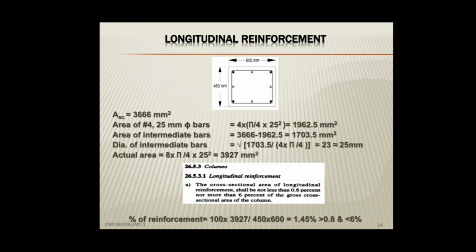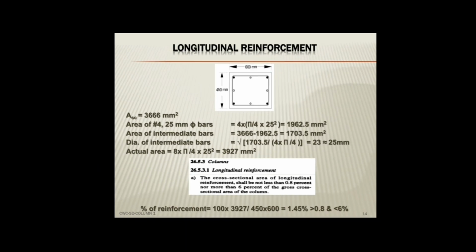Percentage of reinforcement is equal to total reinforcement area divided by cross-sectional area of the column, that is 450 by 600, into 100, which will give you percentage of reinforcement as 1.45%, which is coming in between 0.8 and 6. So we can take the longitudinal reinforcement as per our calculation.